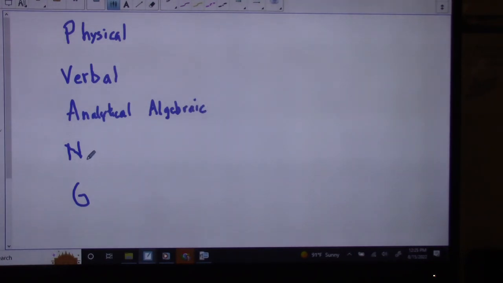And what's N going to be? N stands for numerical. And usually it means a table. And then what does G stand for? Geometry. It's related to geometric. I'll tell you, it's graphical.